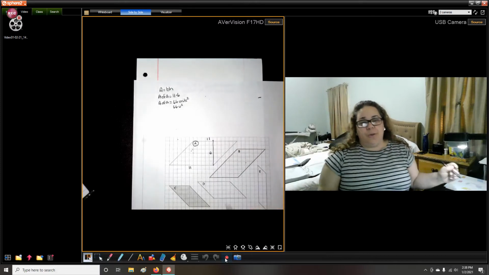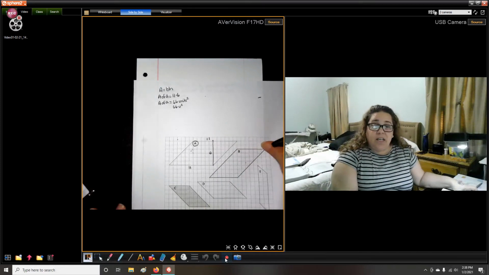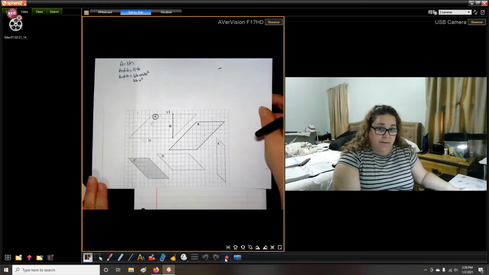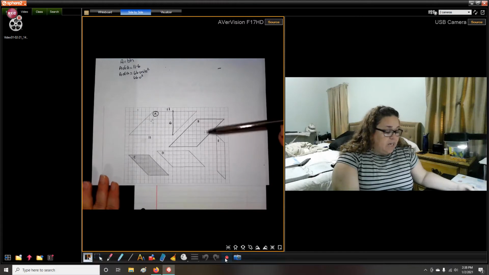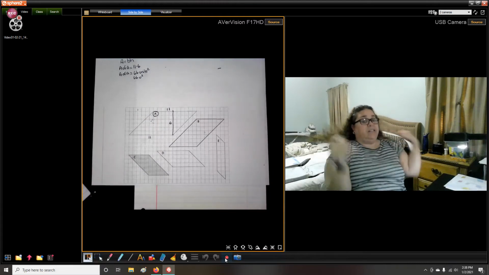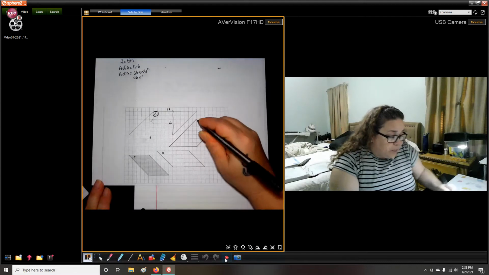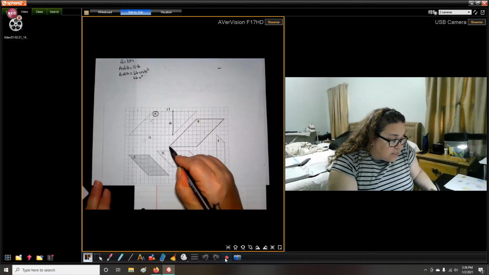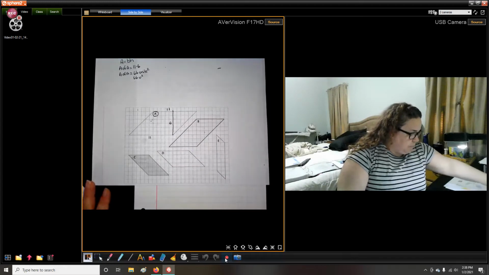Okay, U for units. Okay, so let's take a look at parallelogram B. Parallelogram B, again, I'm going to go from my base and go up to my highest point. Now, I can use this side of my base. As a matter of fact, I'll use a different color so that you can see it.